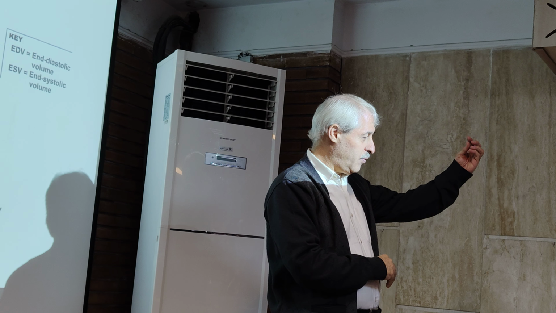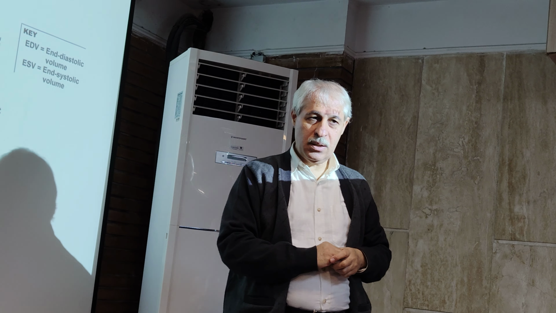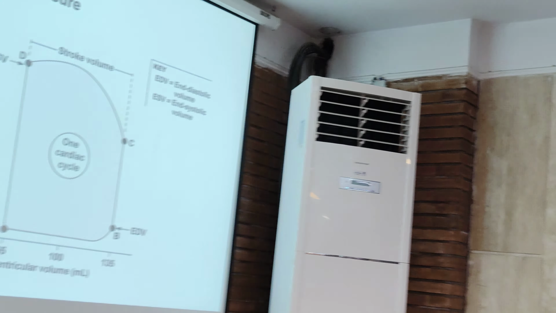You should move the blood from the great veins into the heart and to the arteries. Did you get it? So most of the work that is done by the heart is moving the blood from the low pressure veins to high pressure arteries.